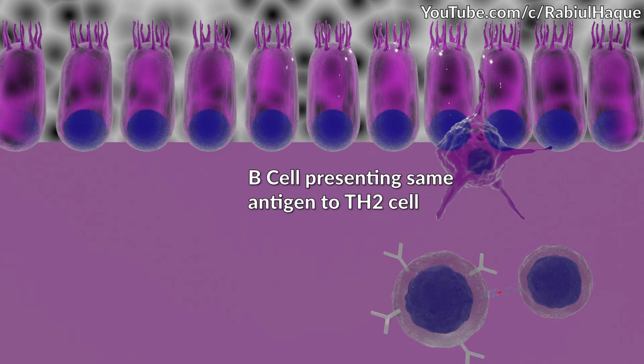So now B lymphocytes are presenting the same antigen to T helper 2 cell, and since T helper 2 cell is producing interleukin 4, 13, and interleukin 5, interleukin 4 will now act on this B cell and it will stimulate its class switching. So normally B cells produce immunoglobulin M, but when it is stimulated by interleukin 4, there will be class switching, and now it will begin to produce immunoglobulin E.